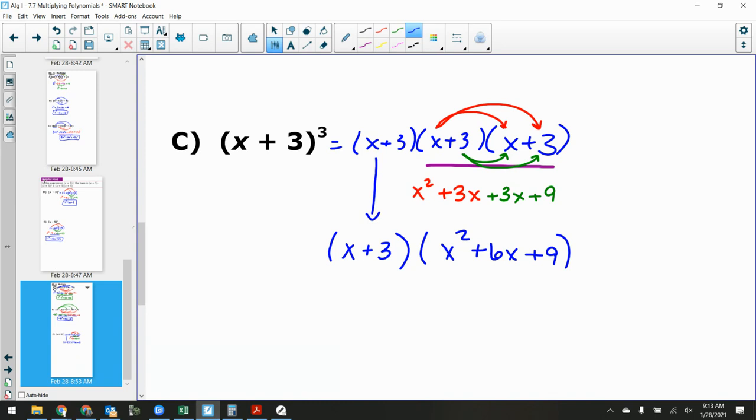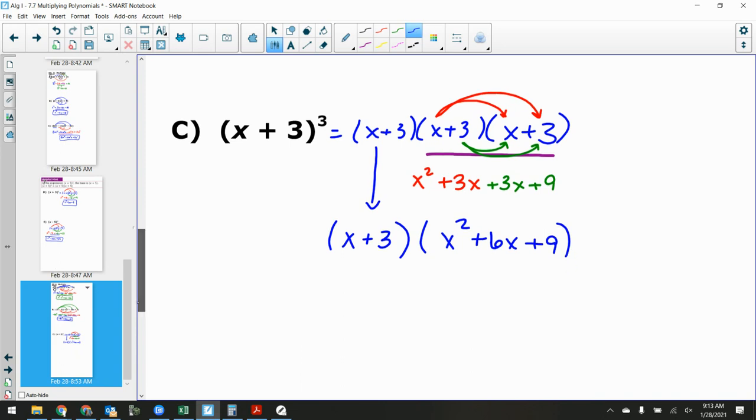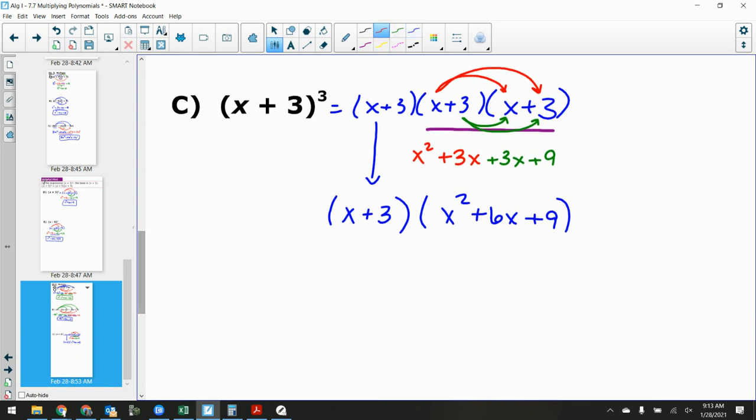And now this problem becomes like example A, in example 4A. Now this is a binomial times a trinomial. So what we have to do here is now distribute the x in. 6x squared, 9x.